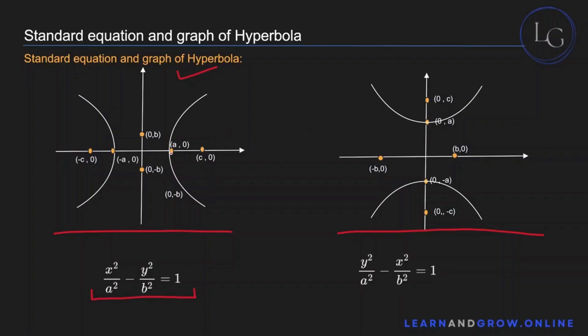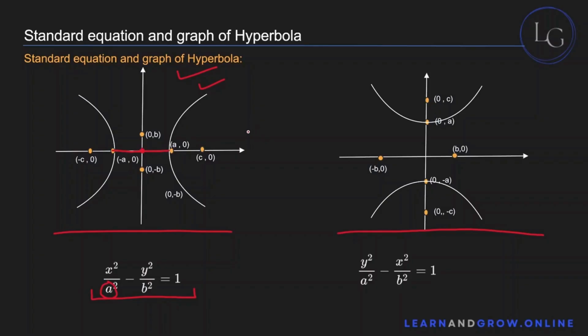You can see that this A over here is just the distance from the center to the vertex, right? And by the way, both the distances are the same, because hyperbolas are symmetrical, as in the case of an ellipse. So we'll just take this parabola as an example here first. Now, this A is the distance from the center to the vertex, okay?